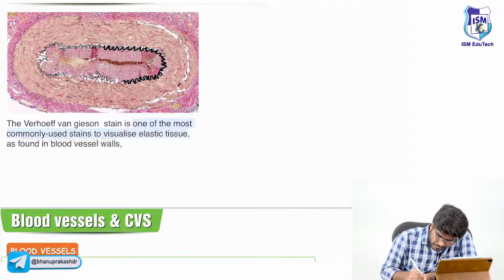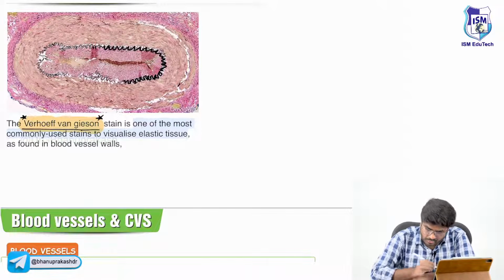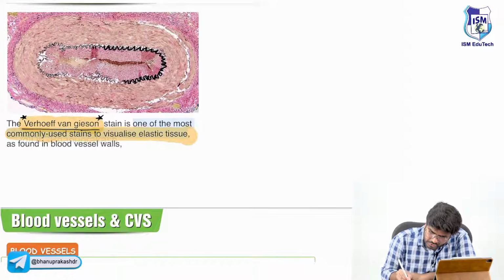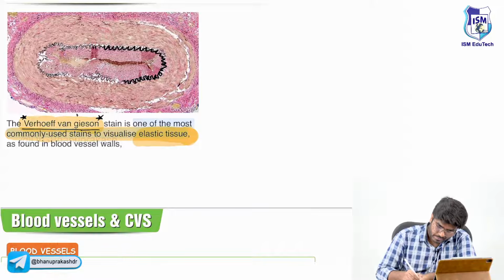So remember, Verhoeff-Van Gieson stain. It is commonly used to visualize the elastic tissues. The elastin fibers are stained by Verhoeff-Van Gieson stain. That's the MCQ.